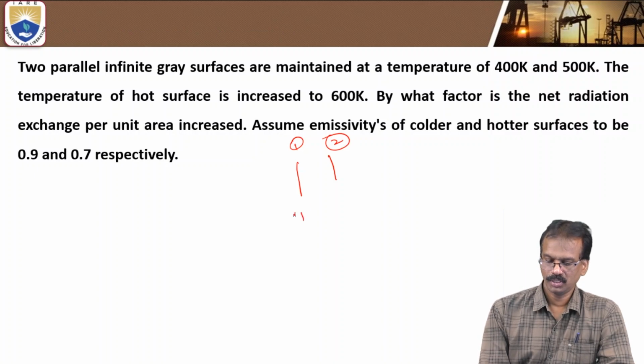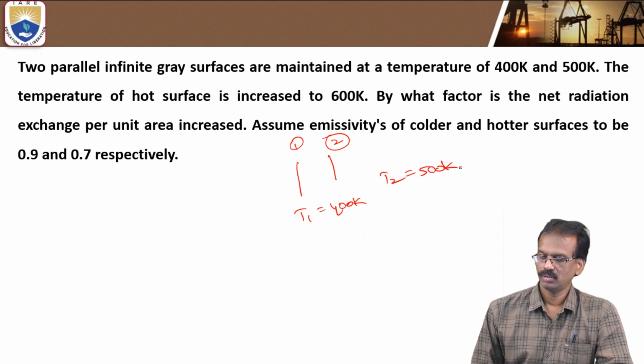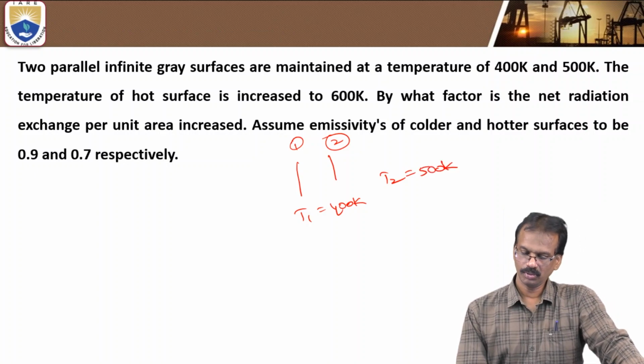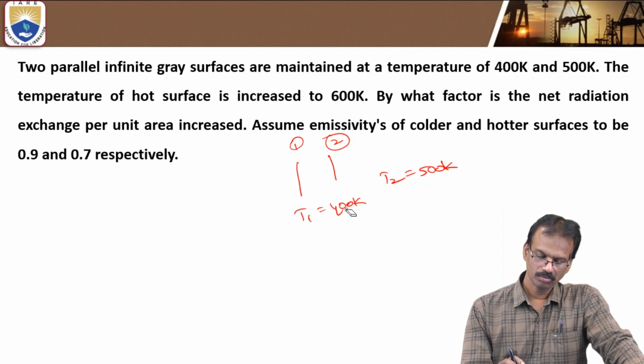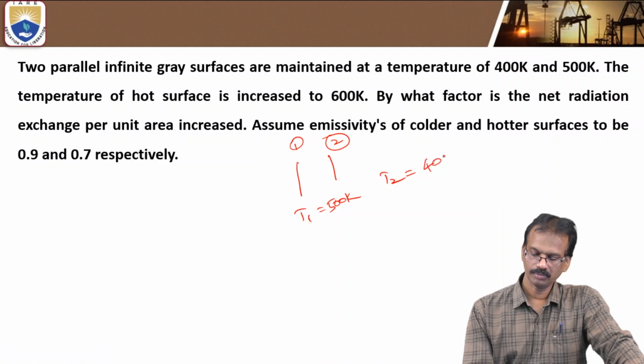So first surface T1 is equal to 400 Kelvin. Surface 2, T2 is equal to 500. Just you can take this one as T1 is equal to 500. So heat transfer takes place from higher temperature to lower temperature, 500 Kelvin. So this one is the 400 Kelvin.